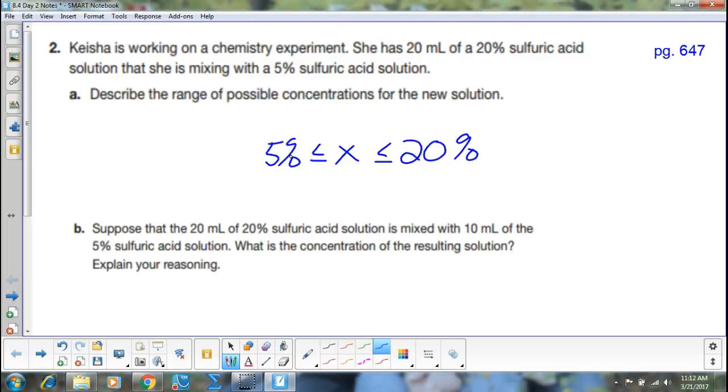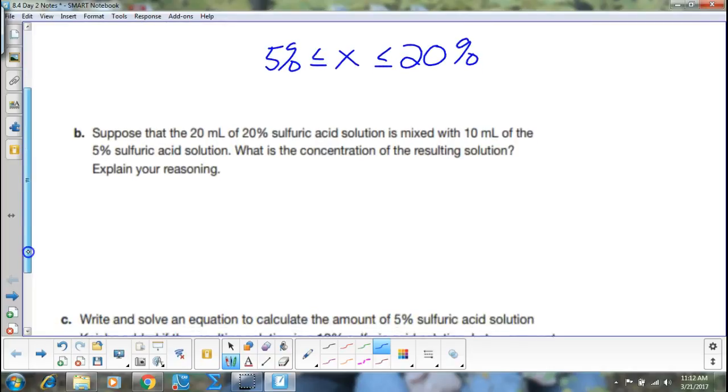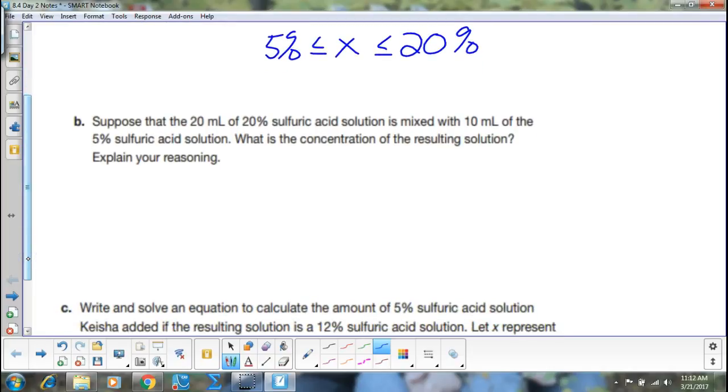So part B here now. Suppose that the 20 milliliters of 20% sulfuric acid solution is mixed with 10 milliliters of 5% sulfuric acid solution. What is the resulting concentration?